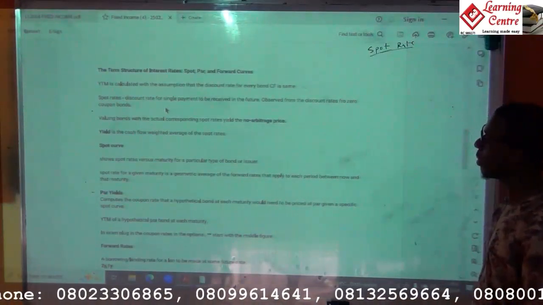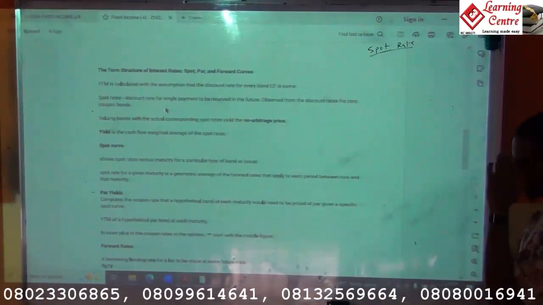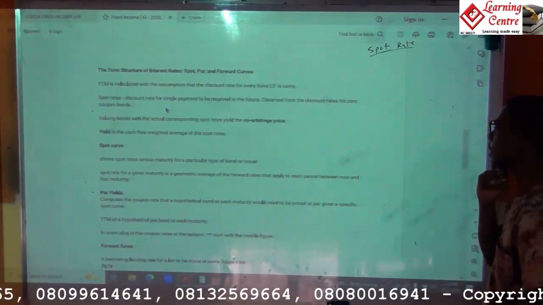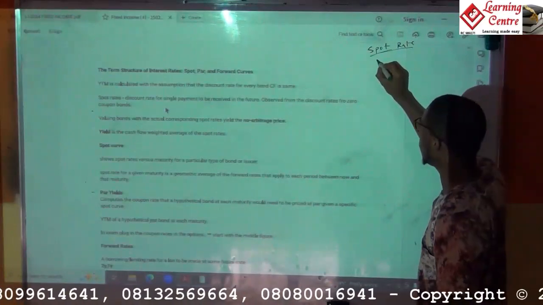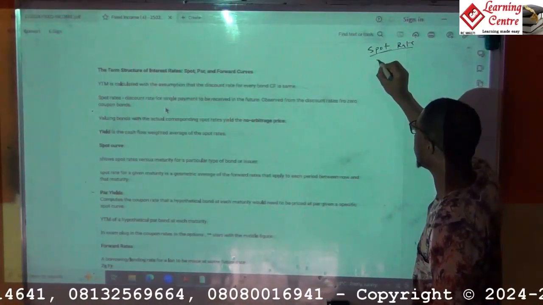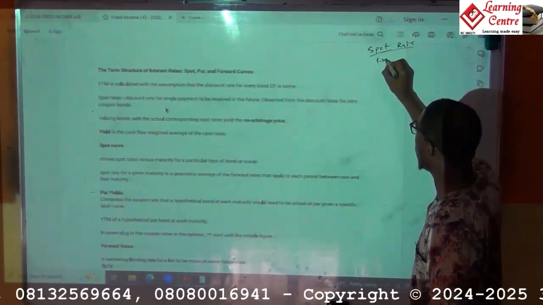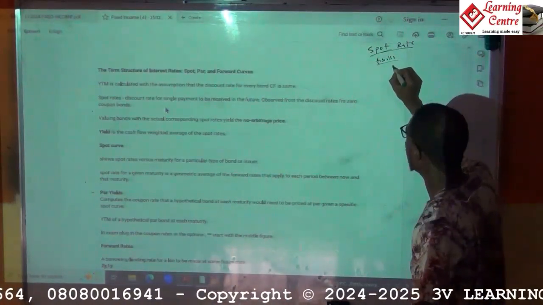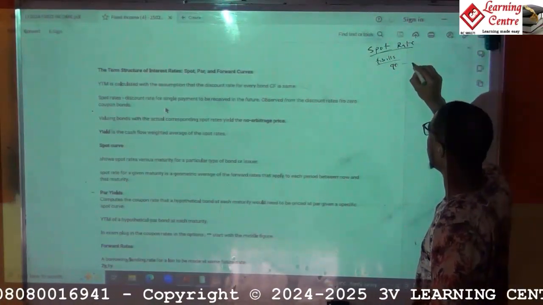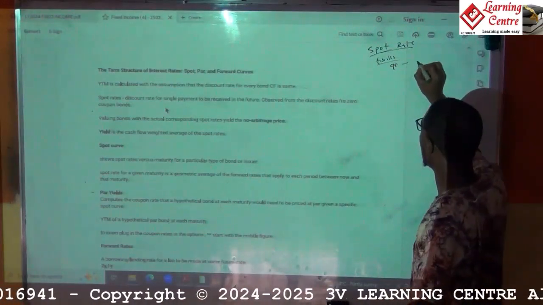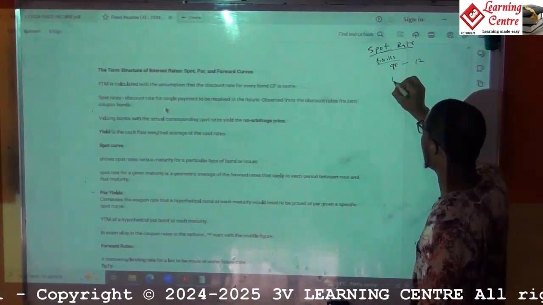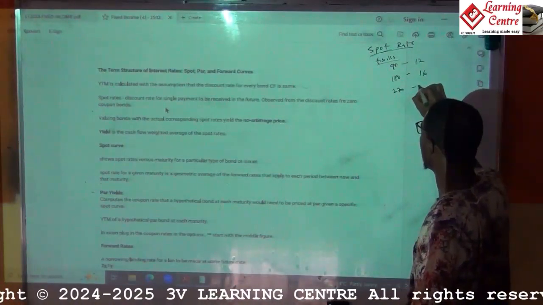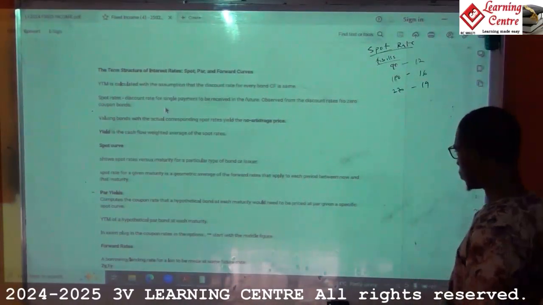Now, the spot rate. So if we look at this capital market instrument, let's take our T-bills. The 90 days is maybe 12, 180 days maybe 16, and 270 days 19.